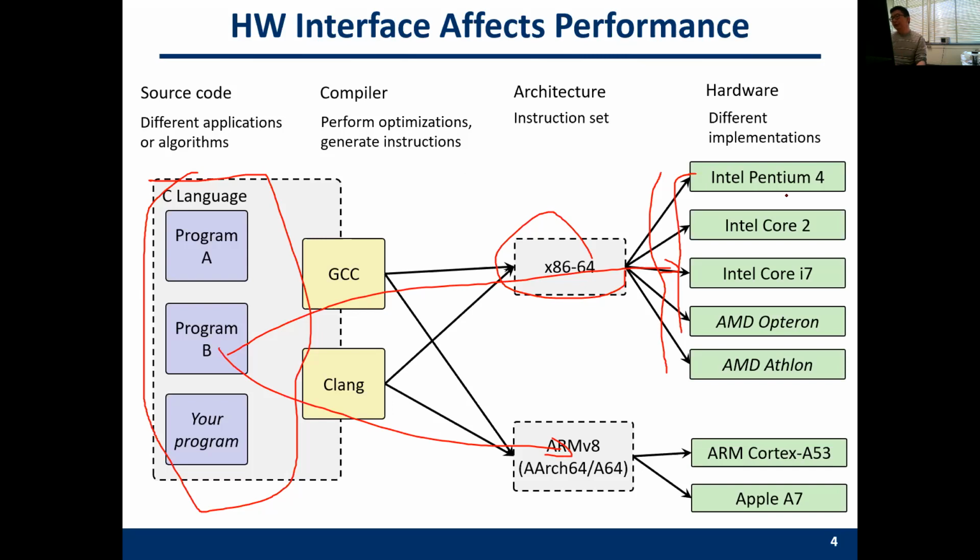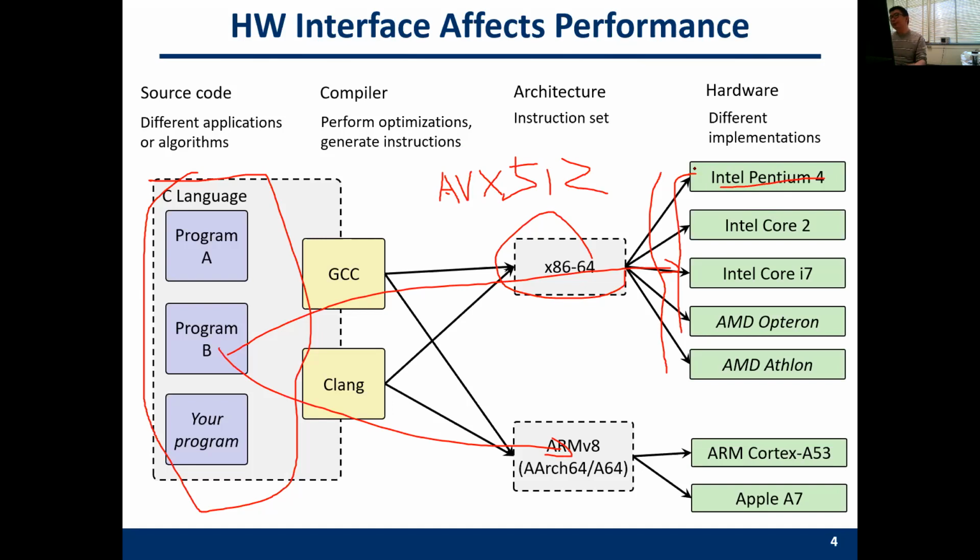For example, some old CPUs like Pentium do not support a new instruction set like AVX 512. AVX 512 is a set of new instructions that can support single instruction multiple data processing in the latest Intel CPUs.